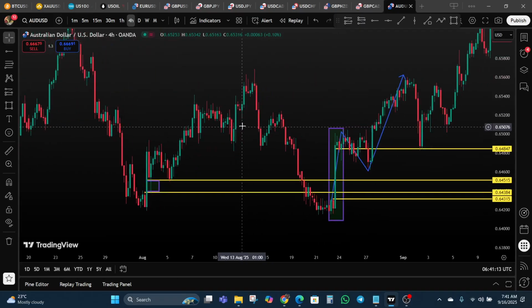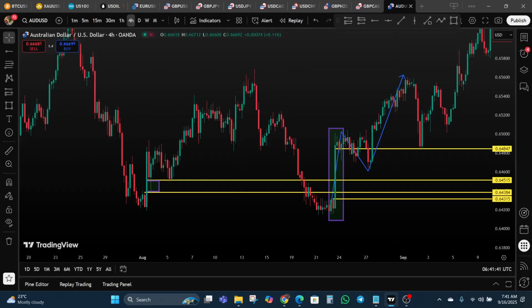By putting it all together, balanced price ranges become a tool that helps you see the market the way ICT concepts intend. Instead of random moves, you start noticing patterns of imbalance, rebalance and continuation. This gives you clarity and keeps your trading structured.